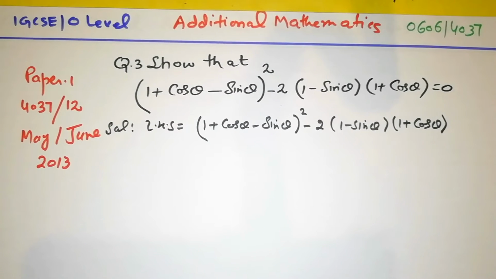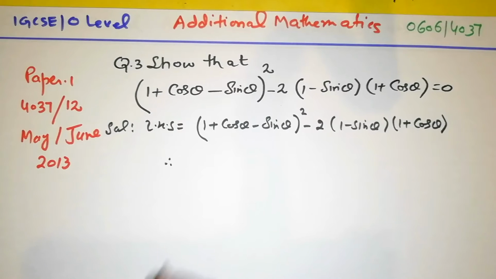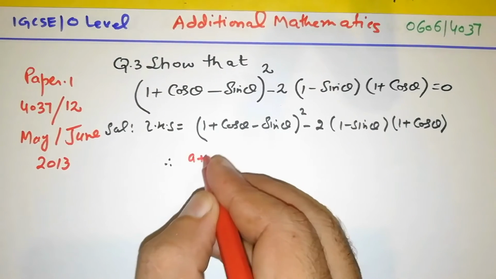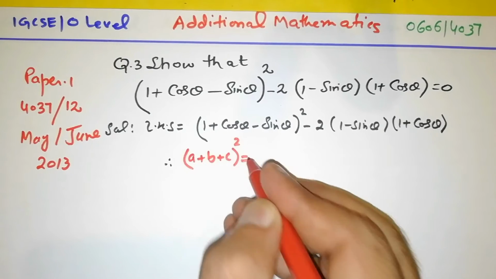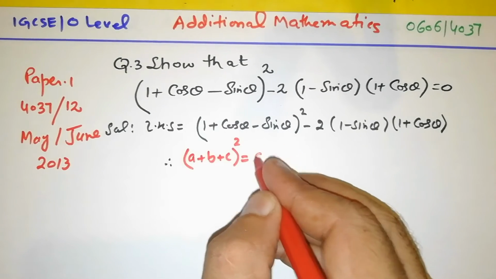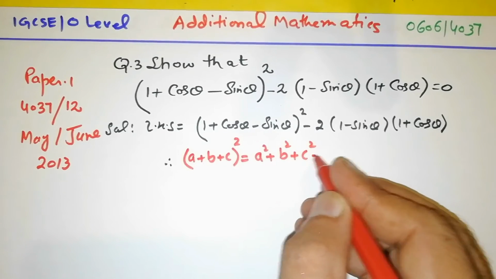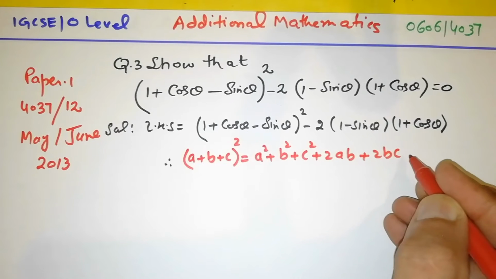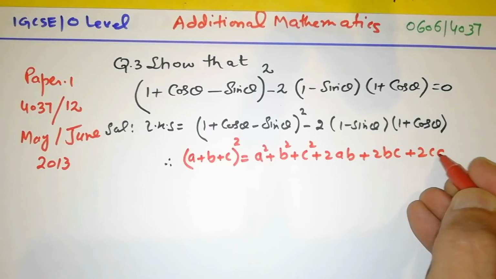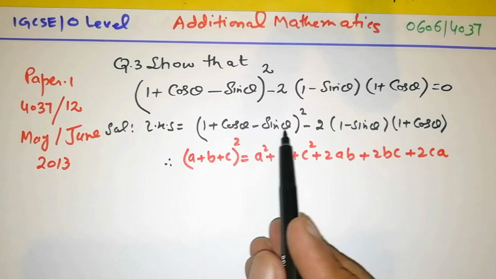Students, you know there is a formula in algebra. I write here a plus b plus c. If we want to take its square, this is a square, b square and c square plus 2ab plus 2bc plus 2ca. We use this formula here at this term.